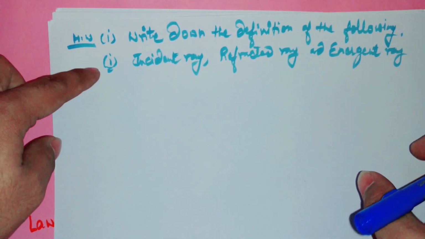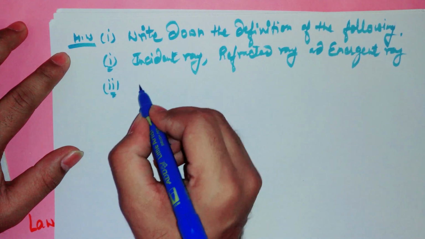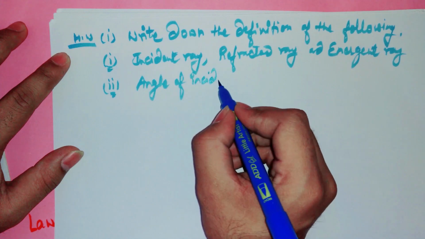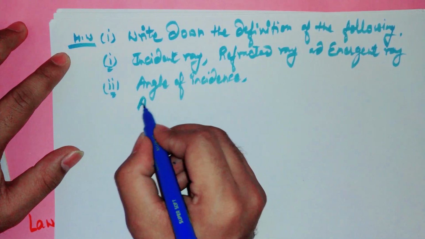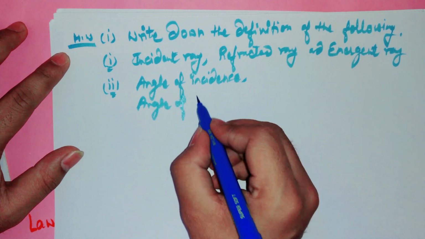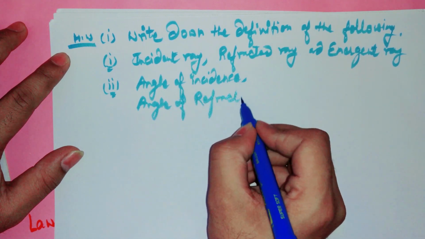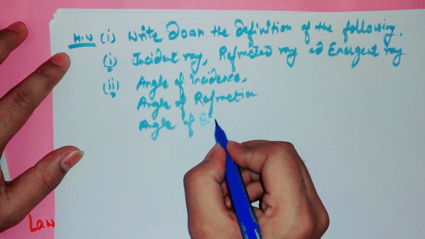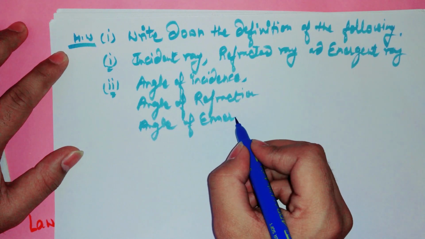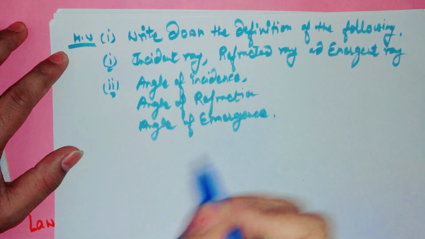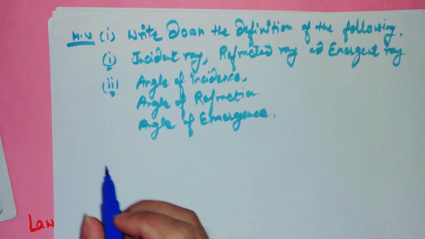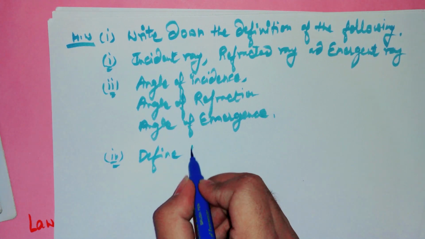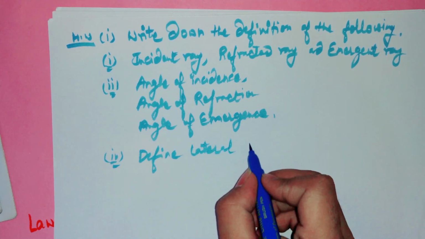You have to write down the definition. Second, angle of incidence, angle of refraction, and angle of emergence. Next, define lateral displacement.